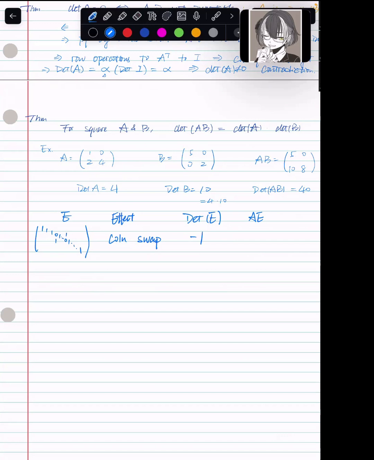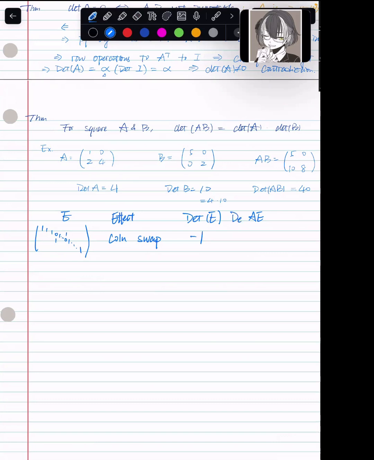And the determinant of AE in this case would be the negative of the determinant of A, because we just multiply -1 by the determinant of A.